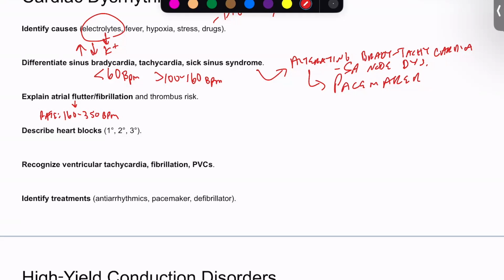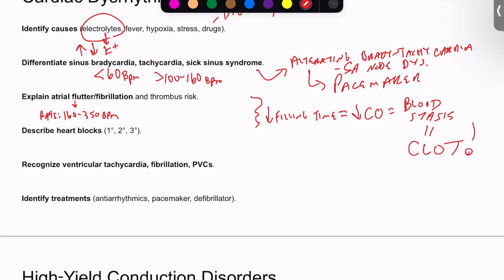In general, if we have decreased filling time, so our chambers have less time to fill with blood, that's going to cause decreased cardiac output. Because of that, we have blood stasis. And the problem with blood stasis, or blood staying still, is that blood starts to clot.